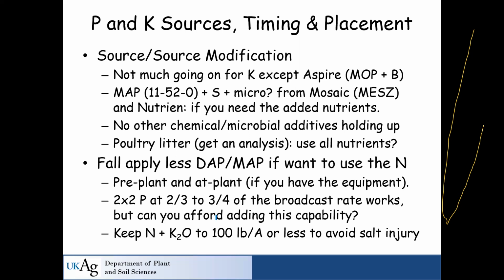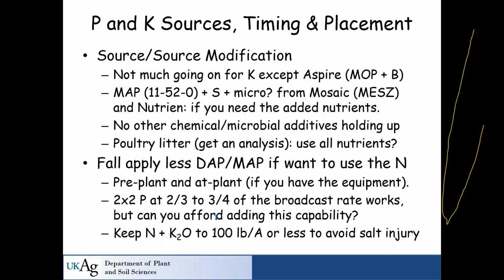Also telling people to fall apply less DAP or MAP if you want to get the benefit of the nitrogen. If you're paying $900 a ton for DAP right now, you're spending almost a third of your money on the nitrogen it contains. And fall applied nitrogen, particularly after a drought, when there's a lot of residual nitrogen left around, is not a good investment.